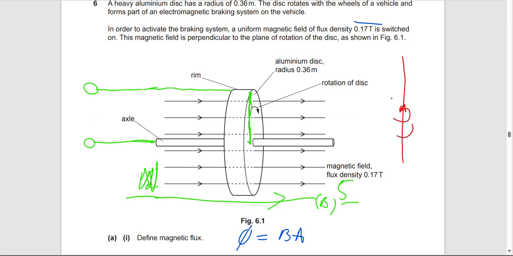In this case, the direction of the field is going to be like that, if we curl our fingers. That's the direction of the field caused by the current carrying conductor, using our right hand thumb rule.